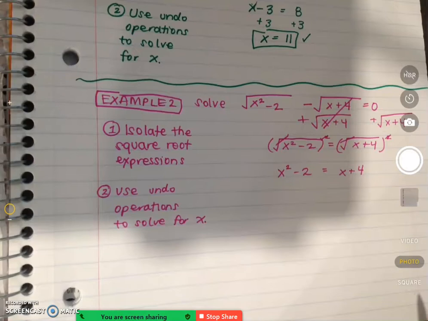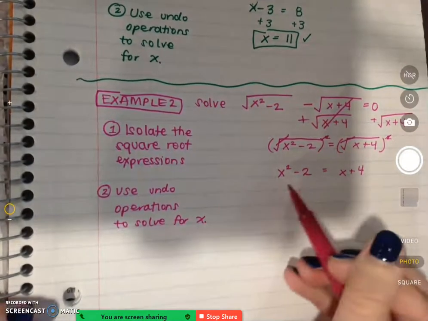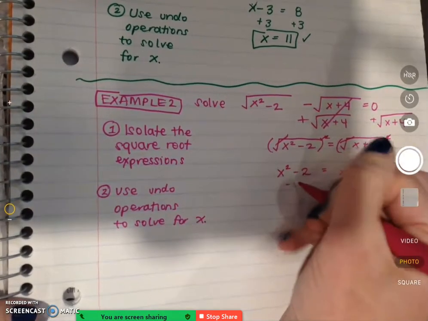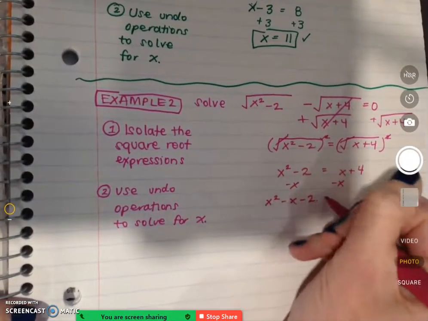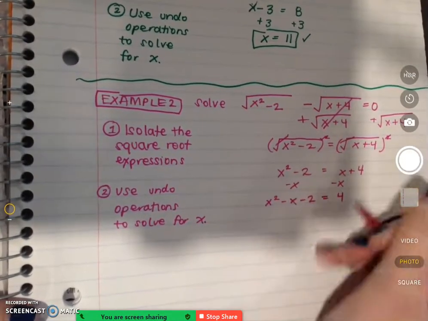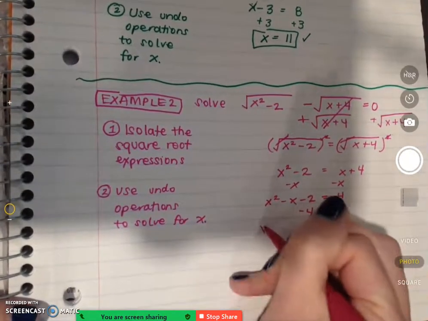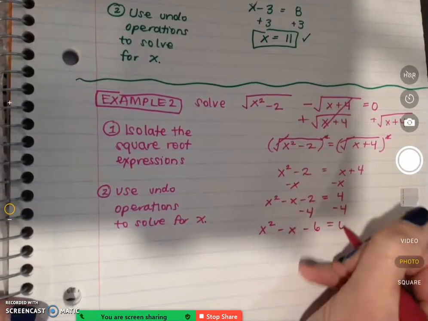I'm going to continue using undo operations, and I notice I have a quadratic equation left over in this example. So I'm going to subtract x from both sides. X squared minus x minus 2 equals 4. I'm going to subtract 4 from both sides. X squared minus x minus 6 equals 0.